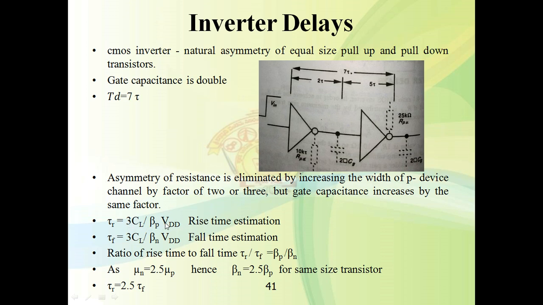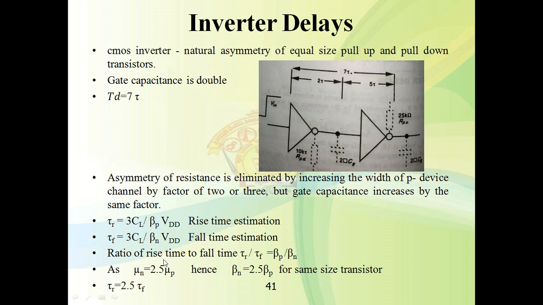Likewise, the derivation for the fall time estimation gives 3CL divided by Bn into VDD. So the time required to fall, or to discharge the capacitance, tau f, is equal to 3CL divided by Bn VDD.